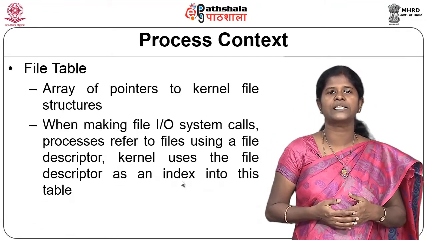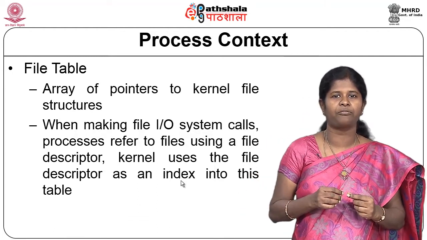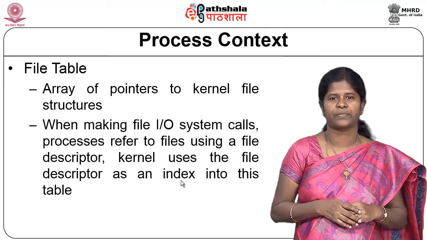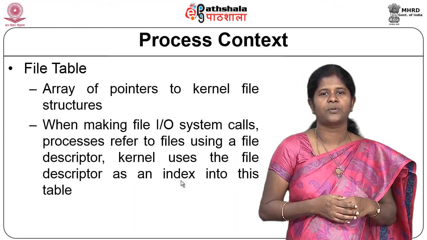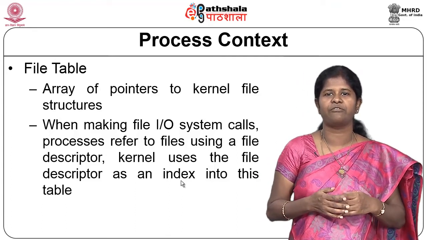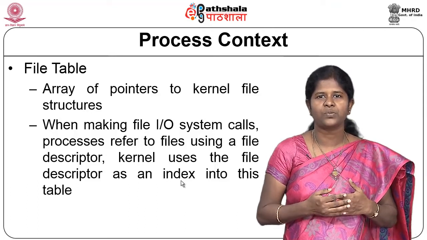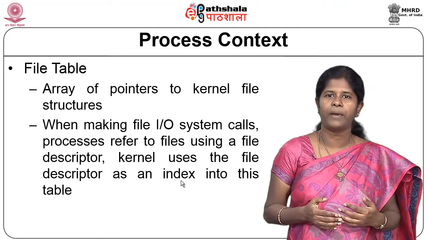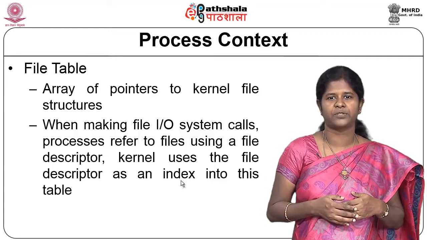And then we have the file table. The file table has an array of pointers to different kernel file structures. While making file IO system calls, a process refers to files using a file descriptor. We have seen earlier in a different module that whenever a file is created or opened, a return value is given, which is called a file descriptor.